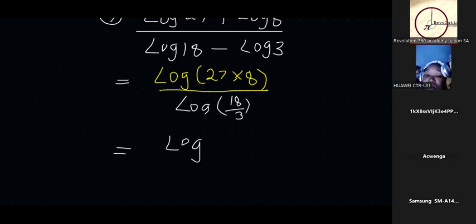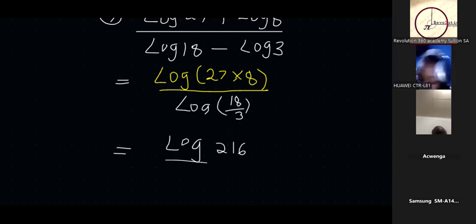Okay, you'll write 216. 216 divide by, and then you just say log. What is 18 divided by 3? 6. Is it 6? Yeah. It's 6.